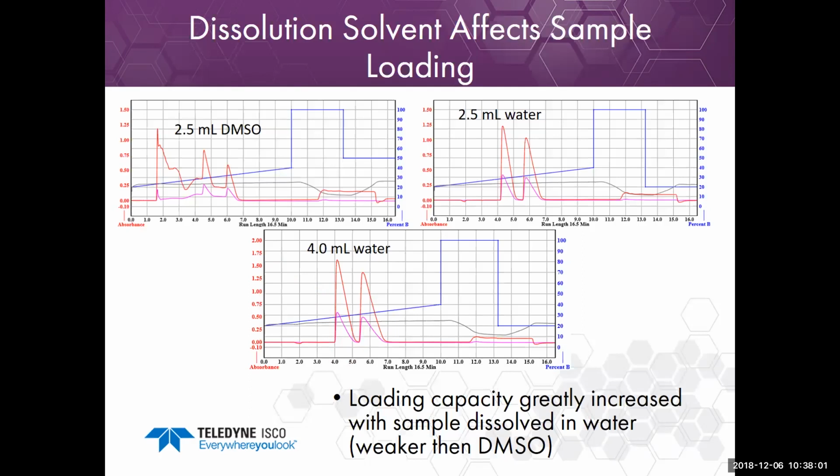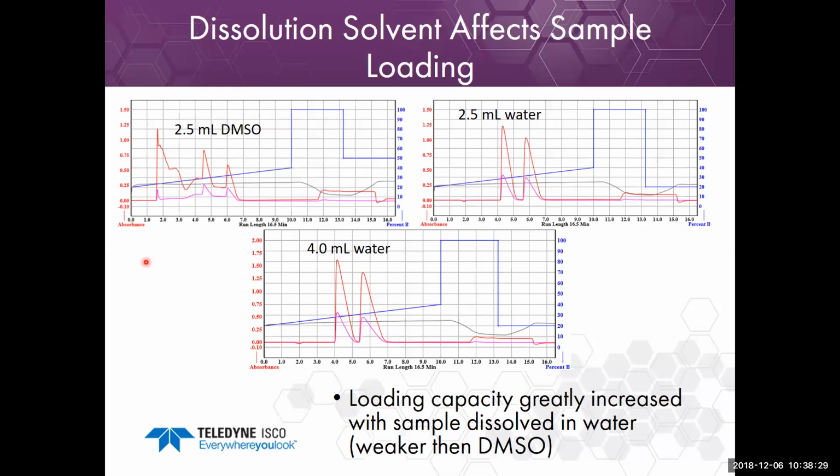DMSO is weaker than the B solvent used, but it's still a stronger solvent than water. The other thing to note is I have peaks that look like shark fins. That's okay. It's typical of an overloaded column, but because I still have baseline resolution, I'm not too concerned about the peak shape because I'm not doing analytical chromatography.